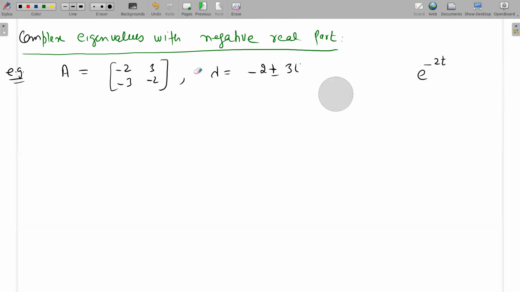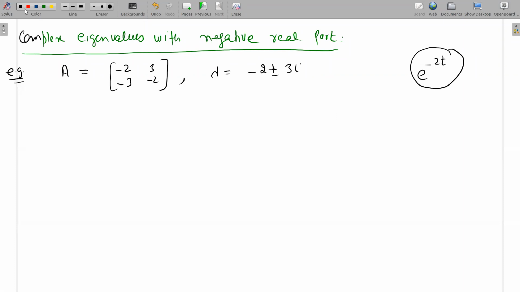There is no problem. So solution will behave like e power -2t when t is large. And we know that e power -2t approaches 0 as t is large.